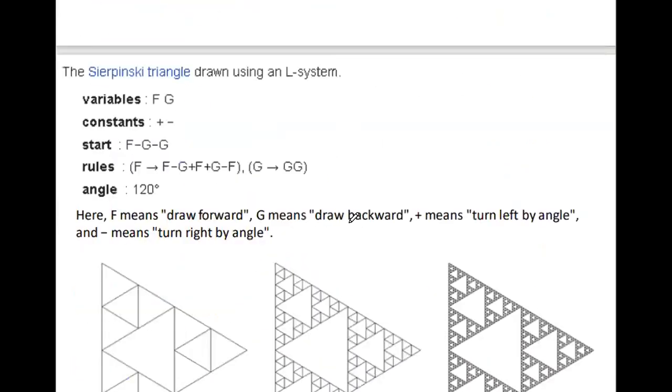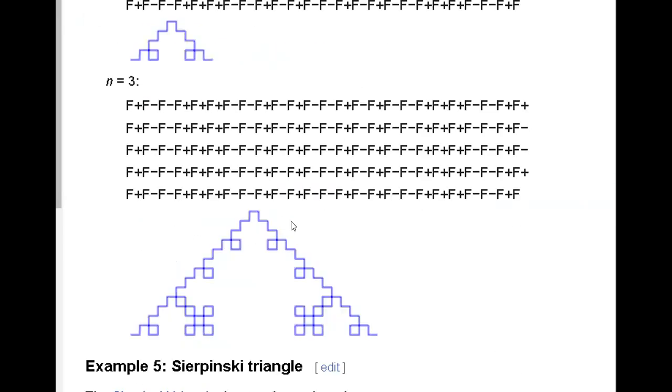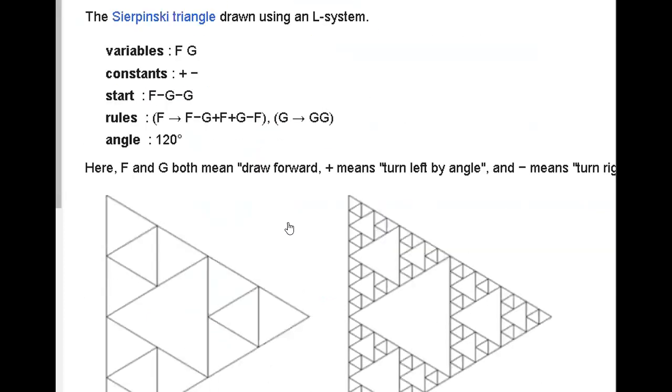Let's look at this one here. This is a famous graph again, the Sierpinski one. I took it from here.